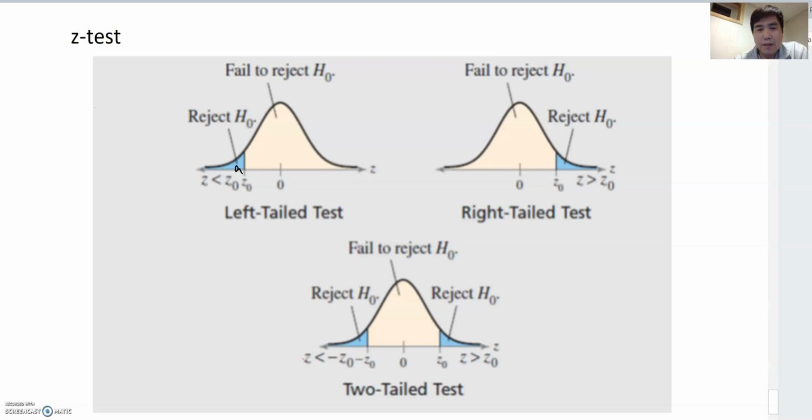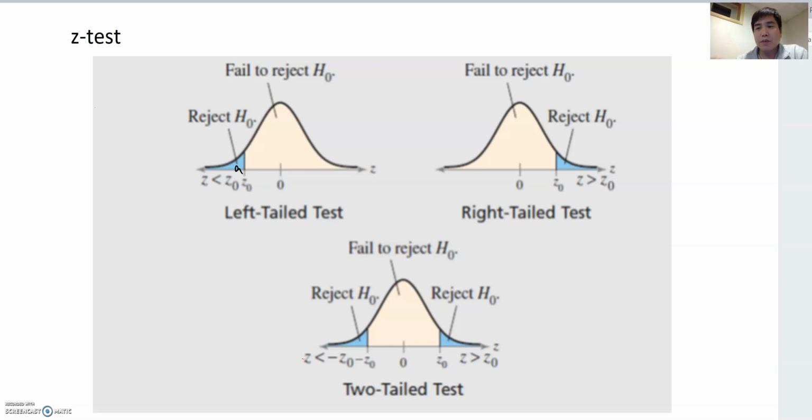So welcome back. Last time we talked about the p-value test to analyze large sample hypothesis testing. This time we discuss using the z-test to analyze large sample hypothesis testing.